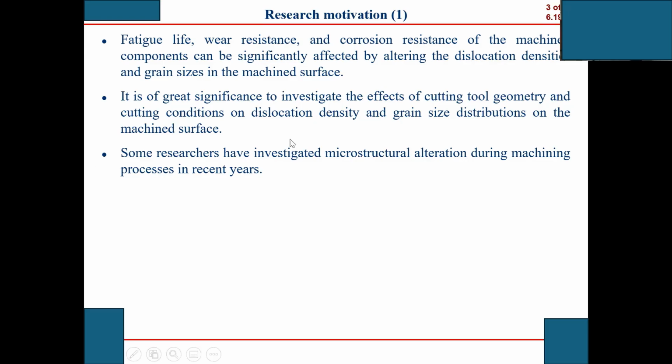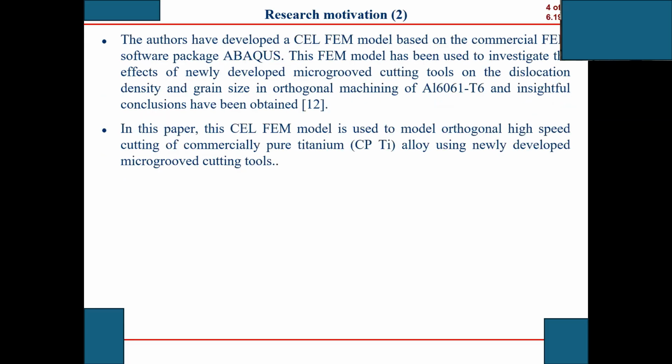Some researchers have investigated microstructure alteration in thermal machining in recent years. Let me tell you again, dislocation density and grain size are two very, very important characteristics of the microstructure of the material. In this research, we use the CEL FEM, where CEL means coupled Eulerian-Lagrangian method, based on the commercial FEM software Abaqus.